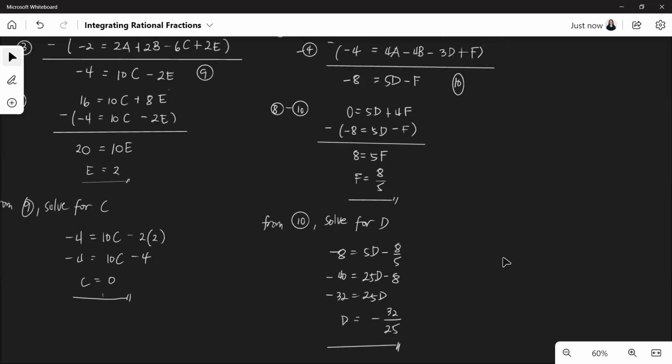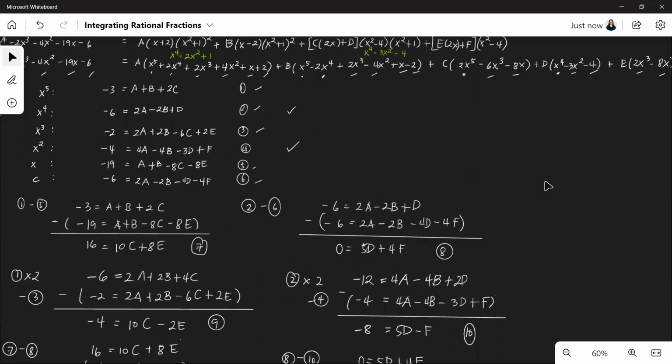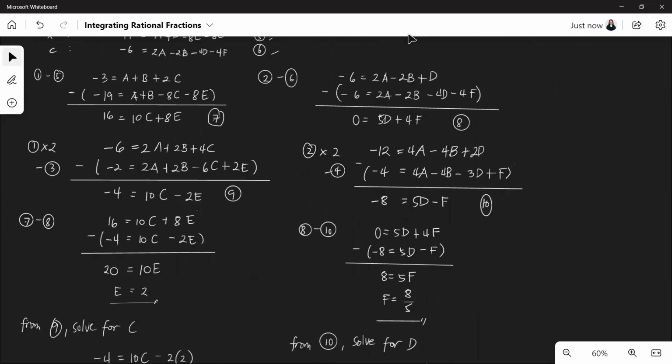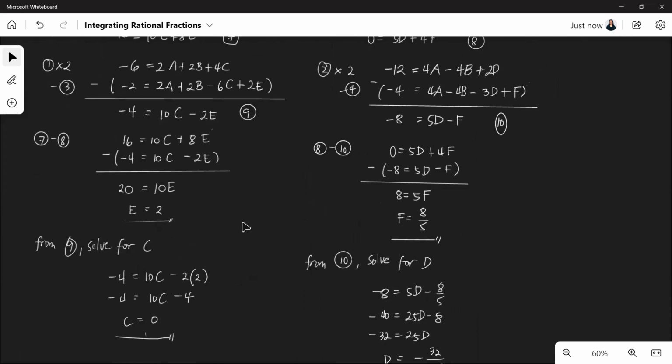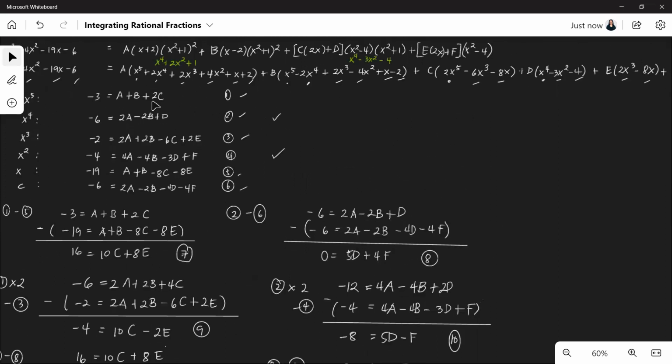So we have A and B left. Look for an equation with a lesser number of terms, especially if there's a zero value, like C, which is 0.